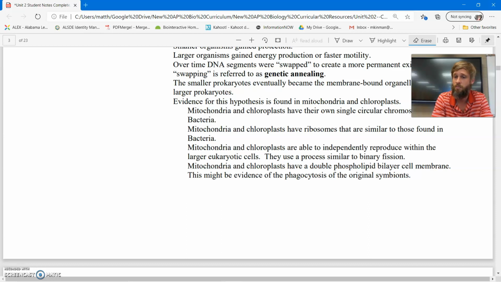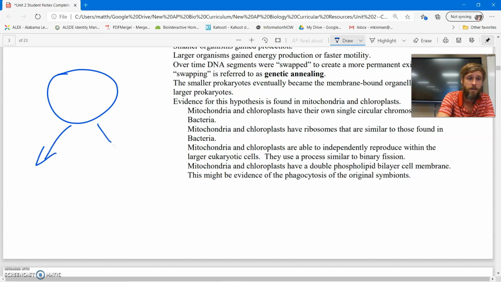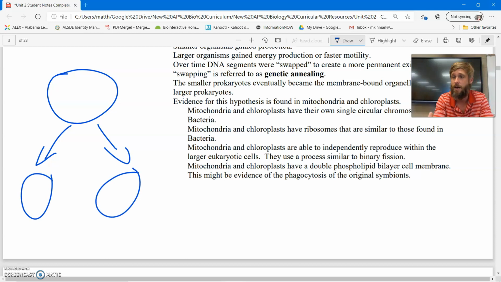They use a similar process to binary fission. So they start off as one cell and they split into two cells. Inside of our cells, they're doing this. And so that is another piece of evidence that supports this endosymbiotic theory.